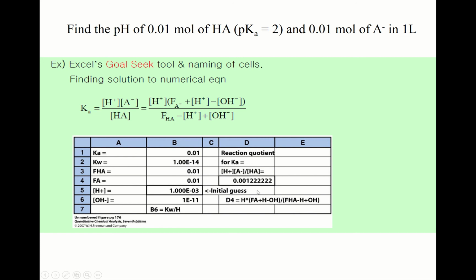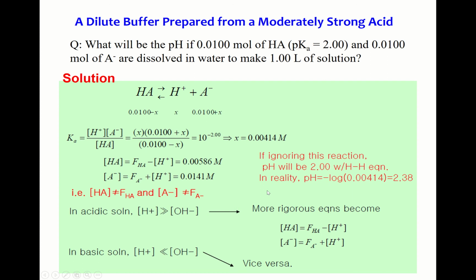Then you run Goal-Seek. Excel automatically changes this proton concentration little by little until this value equals Ka. Although it is not shown on the screen, finally Excel gives you the answer for the proton concentration, which is 0.00414.